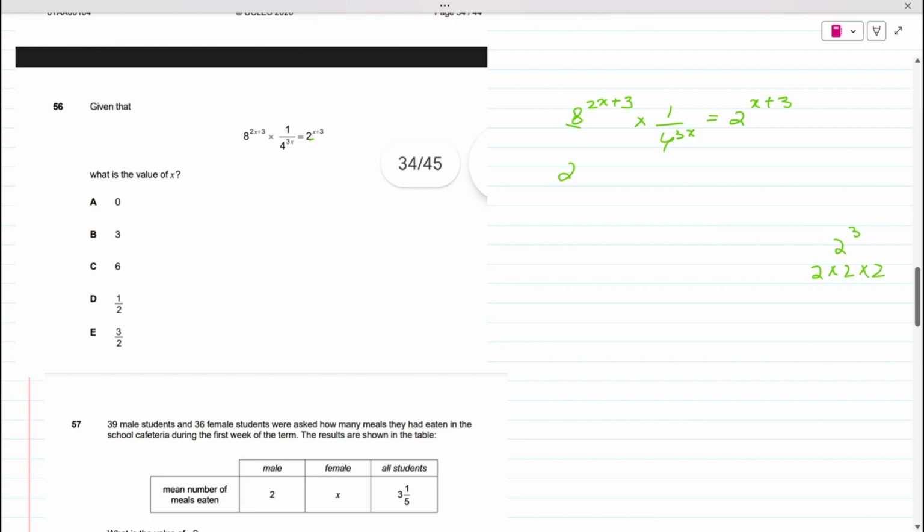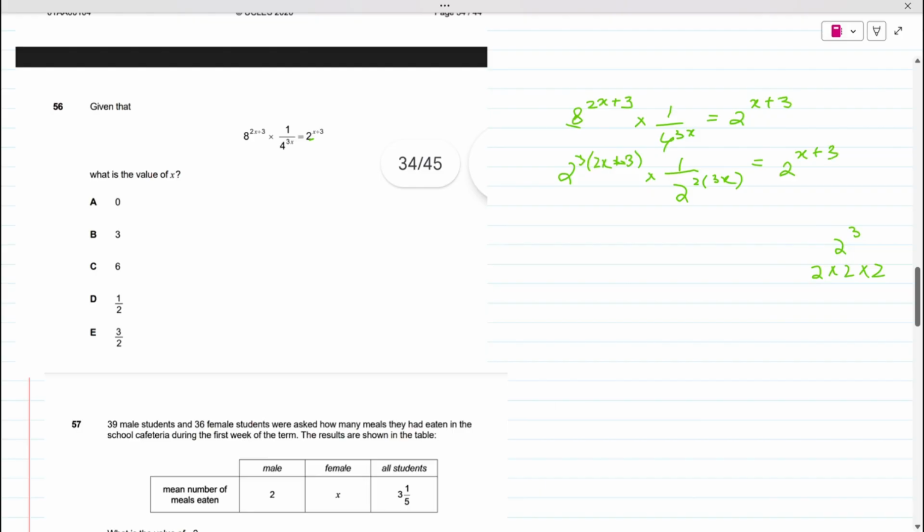So I can write this as 2 power 3, and of course this entire power would come as it is, 2x plus 3. And 1 by 4 can be written as 1 by 2 power 2, right? 2 into 2 is 4. So 1 by 2 power 2, whole power 3x, equals 2 power x plus 3.